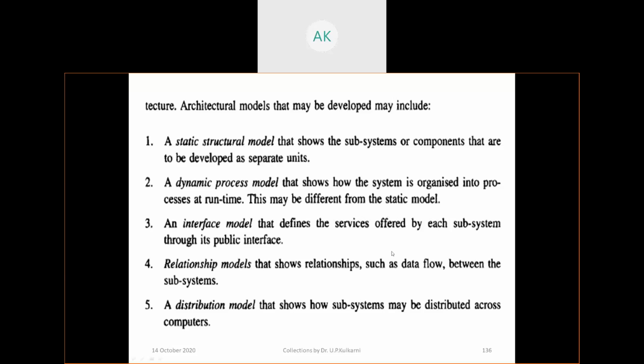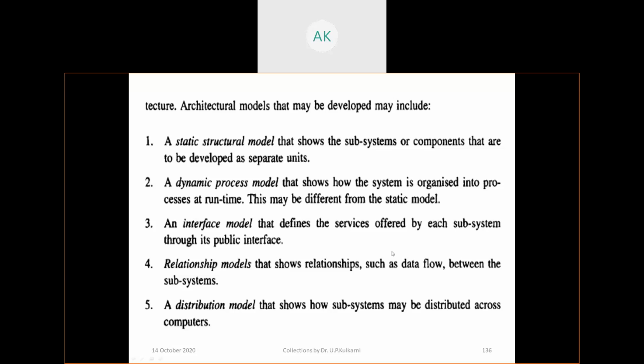When you talk about the distribution model, it shows how subsystems may be distributed across computers. Don't think that whatever software you are developing resides at one place only, centralized. No. Different modules will get installed at different places, different cities, different servers, yet they communicate with each other. Got it?